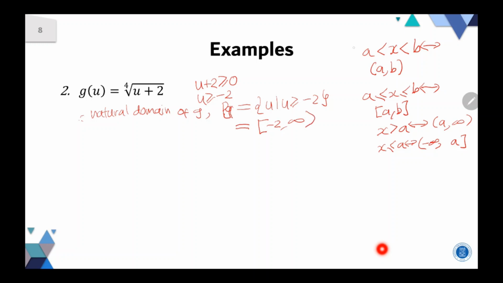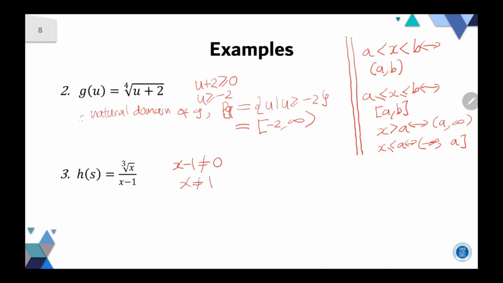So here is range notation, which you can also use to write the natural domain of a function. Example, this one. Again, we have a division, and we have x minus 1 should not be equal to 0, so x is not equal to 1. What about this one?